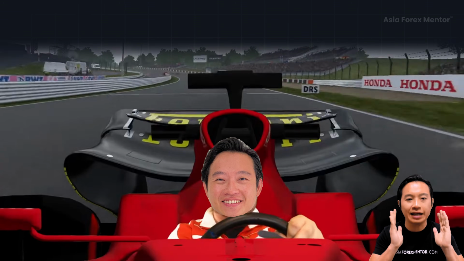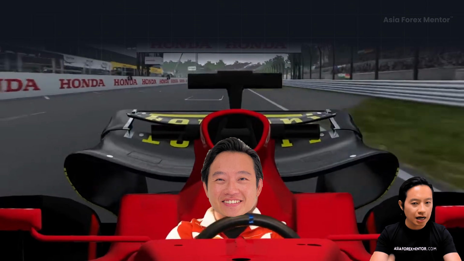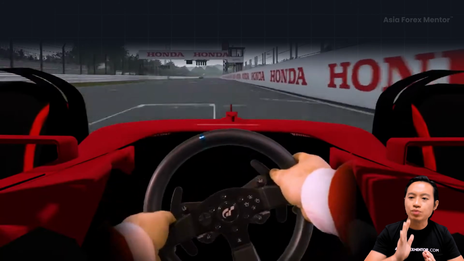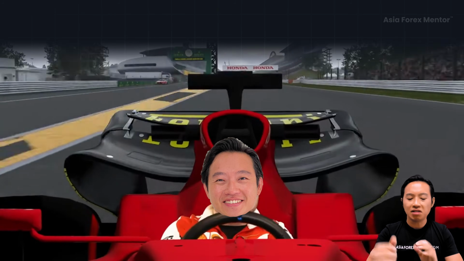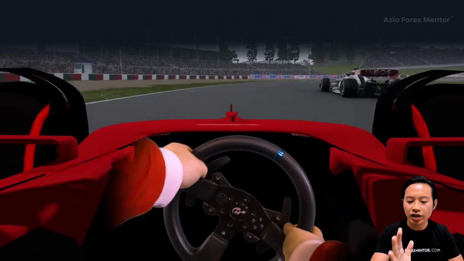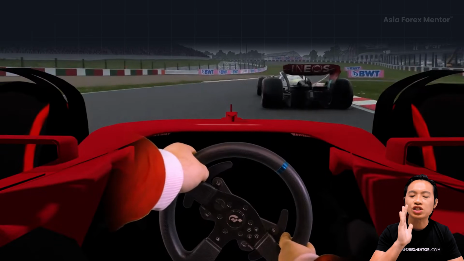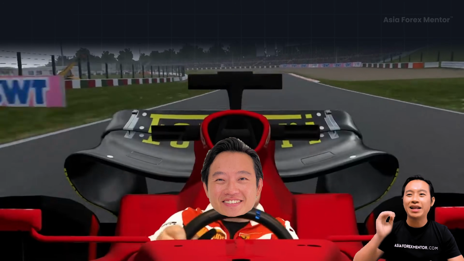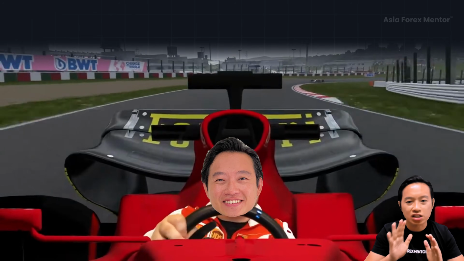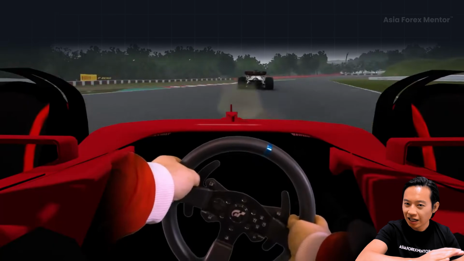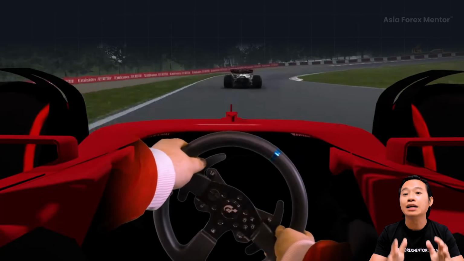But think of it like driving a car. As the car is moving, like when you're driving an F1 car and you got to make a turn, what you got to do? You got to slow down first, right? You cannot just maintain the same speed and make an abrupt turn. You got to slow down first before turning. The same thing is true for the charts.